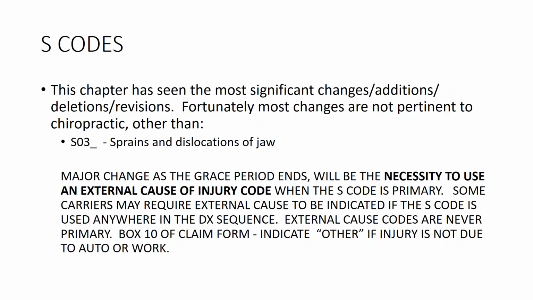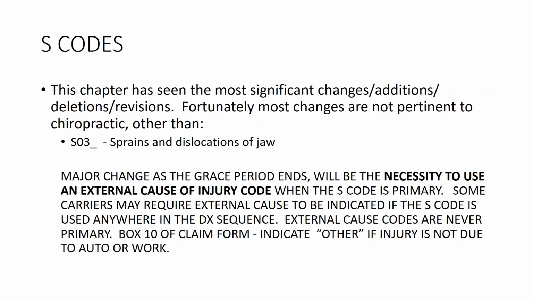So that's good news. There were changes in the S03 family, which are the sprains and dislocations of jaw, and that would correlate with the changes to the TMJ treatment as well. So for sprains and dislocations of jaw, there are some additions and deletions.